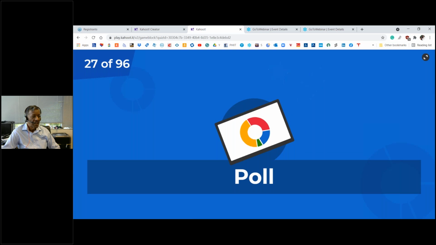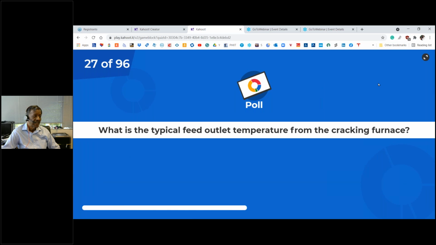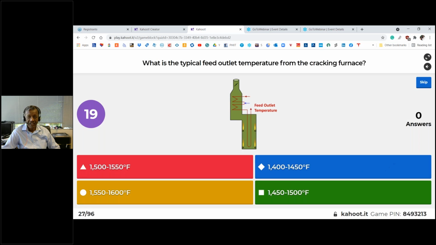Let's talk about the outlet temperature. What is the feed outlet temperature from the cracking furnaces? Pyrolysis reactions take place at high temperatures, so feed outlet temperature could be very high, depending on the feedstock.